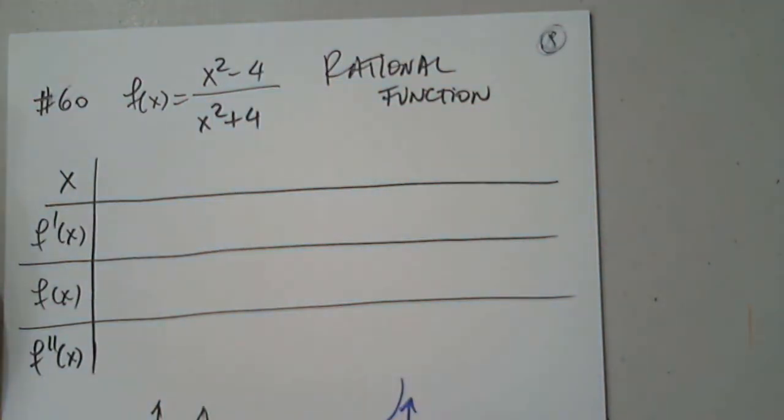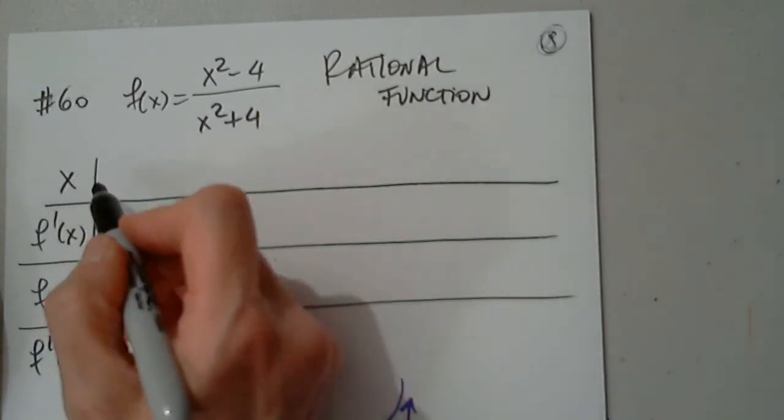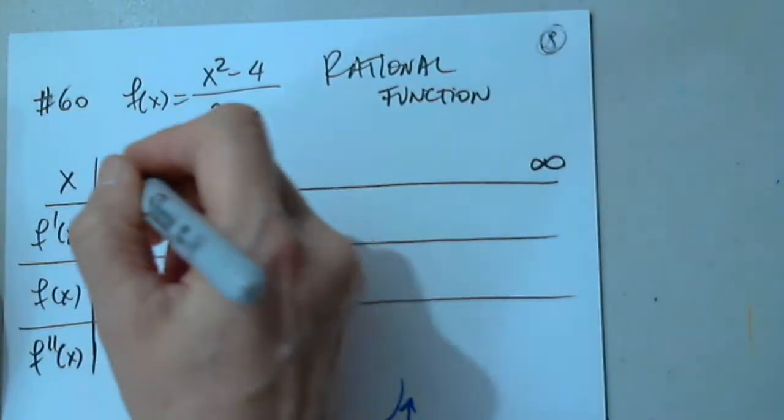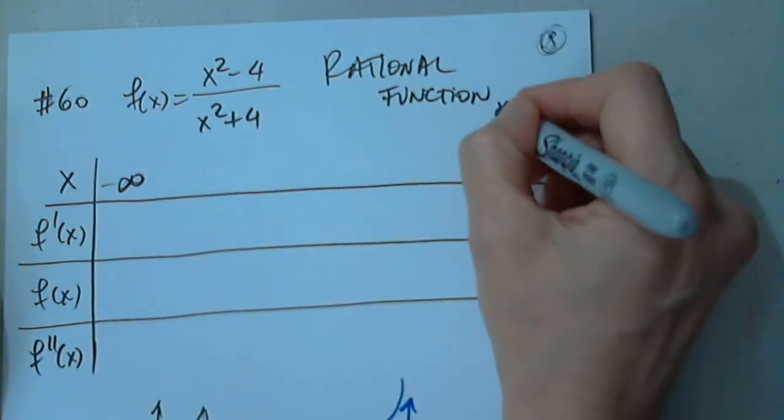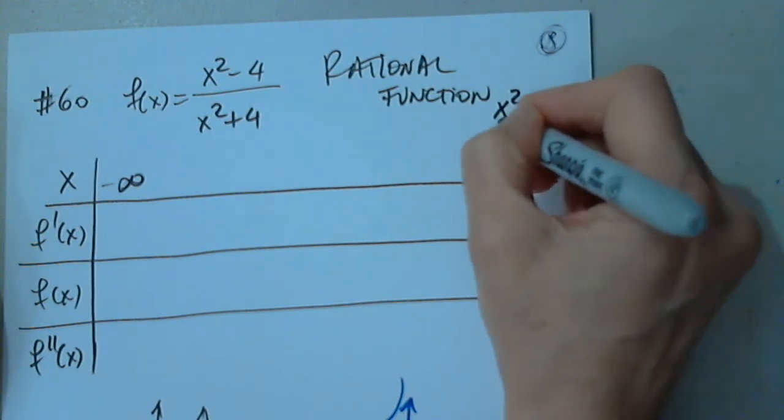Coming back to the starting point, I need to find the domain. Can anyone give us the domain of this function? Negative infinity to infinity. Yep, absolutely, no problems, because x squared plus 4 is never 0.